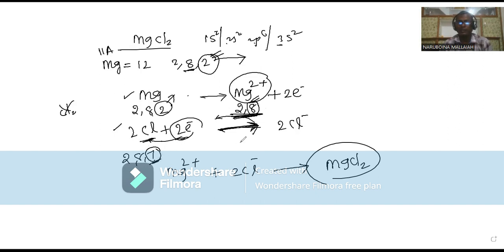Now it takes one more electron and becomes 2, 8, 8. In its outermost orbit, it has 8 electrons. So in this way, magnesium and chlorine get the configuration of inert gases, neon and argon respectively, and they become cations and anions. Between them, forces of attraction are present. These forces of attraction together are called an ionic bond.